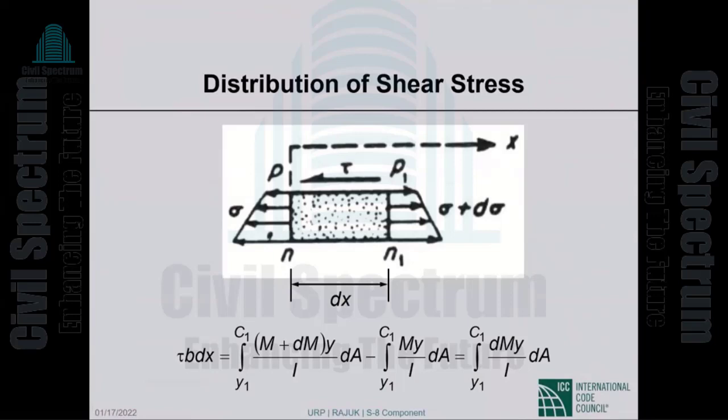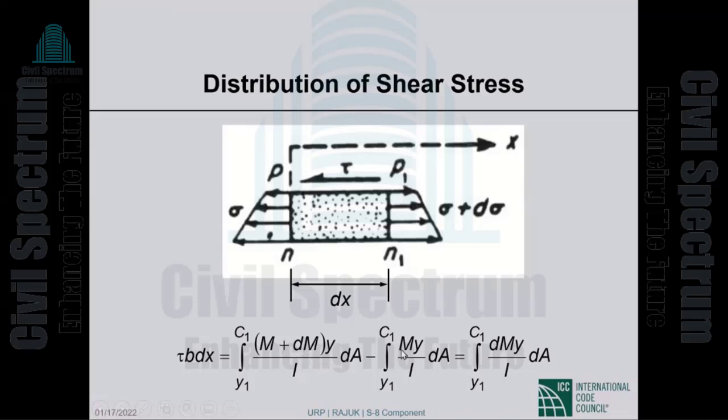So for equilibrium of this elemental block, the horizontal force tau works over the distance dx, and the width of the beam is b. So the total shear, tau b dx, is equal to the force on this face minus, no, the horizontal force which is to the left is the total normal force on this face, which is this integral, minus the total normal force on the left face, which is this integral.